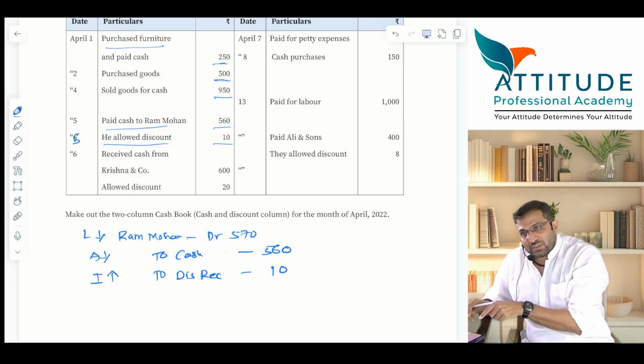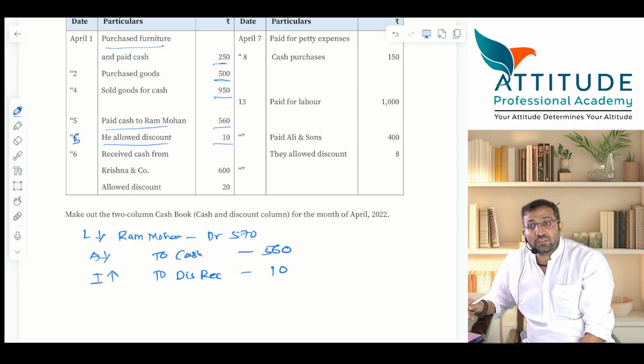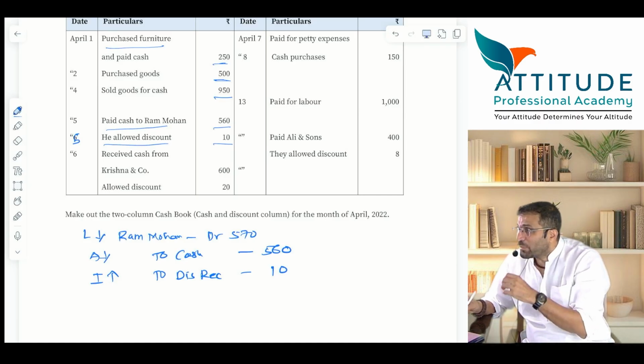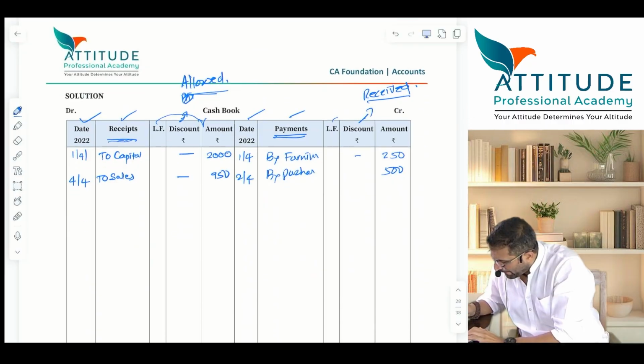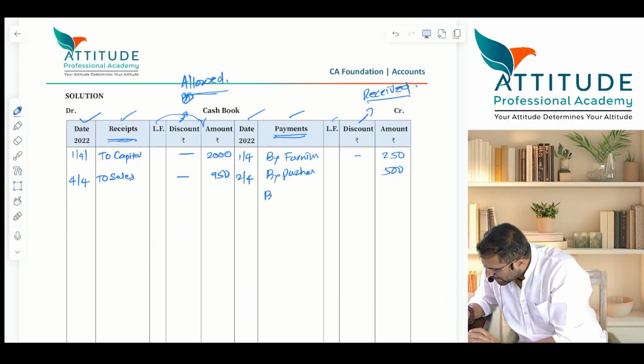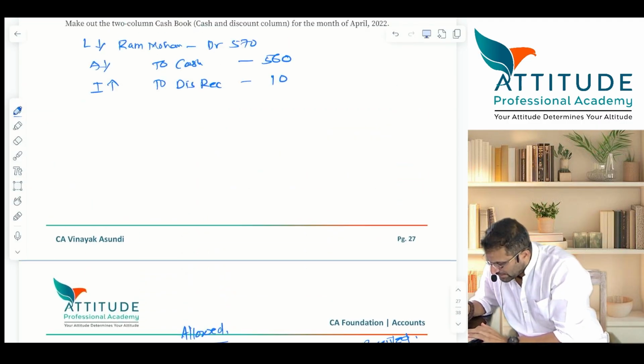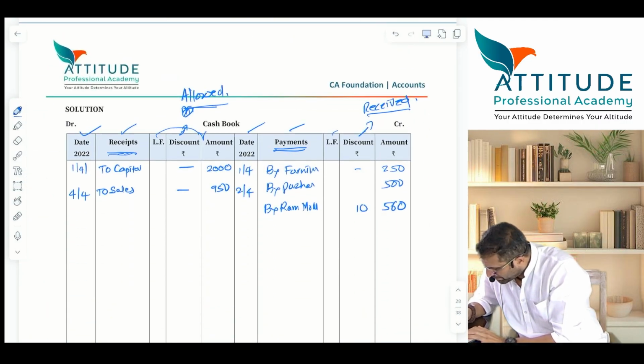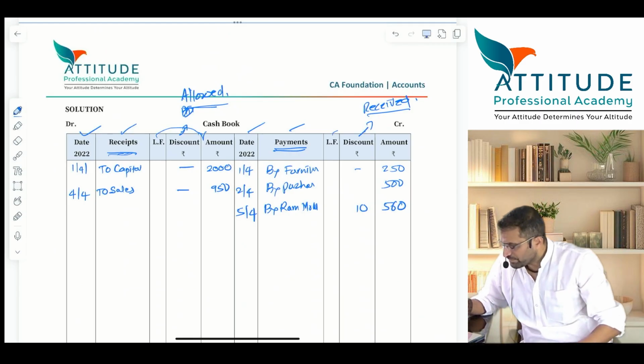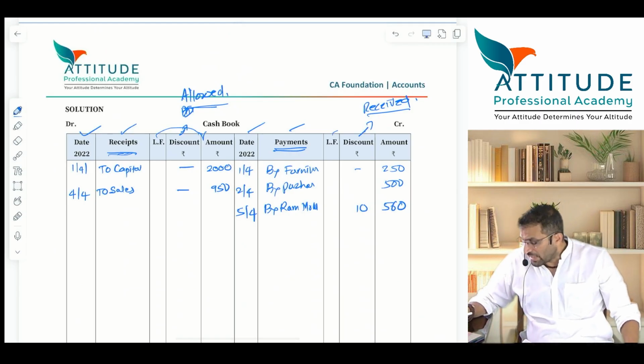Is that clear? Now this only we have to directly take in cash book. Is that clear? Now tell me, this is a payment, no? Come on, say it. Yes, by Ram Mohan, in discount column 10, in cash column total Ram Mohan debit 570. Is that clear? And this date is 5th. 5/4. Any difficulty? Come on. Next one.